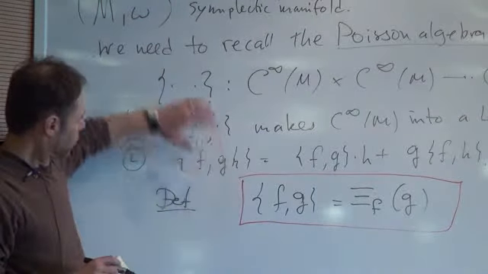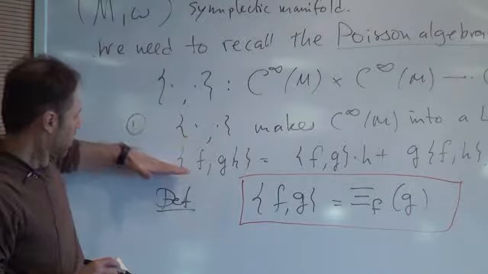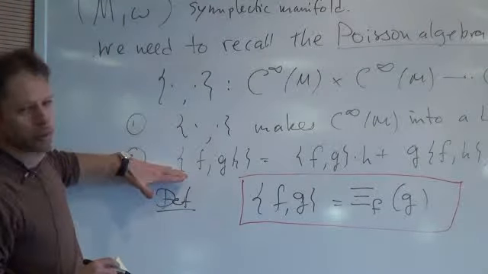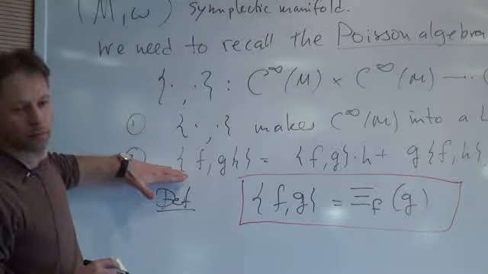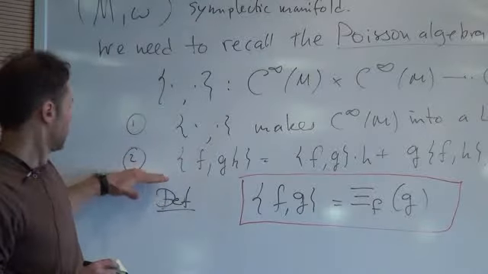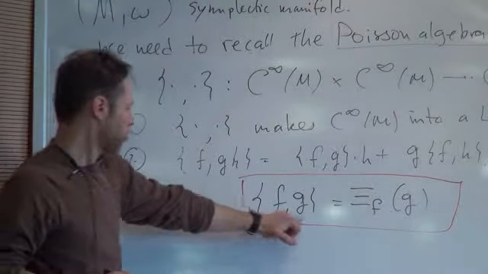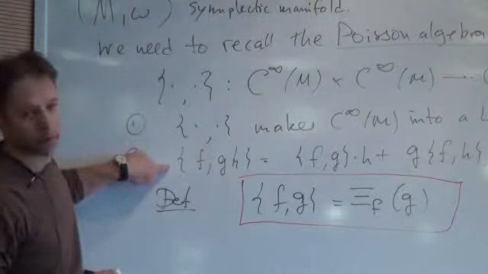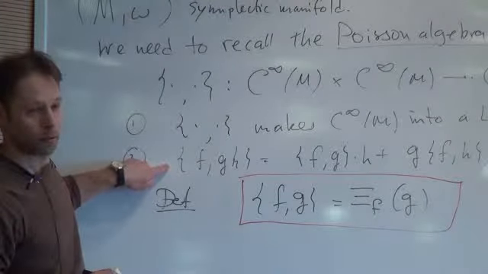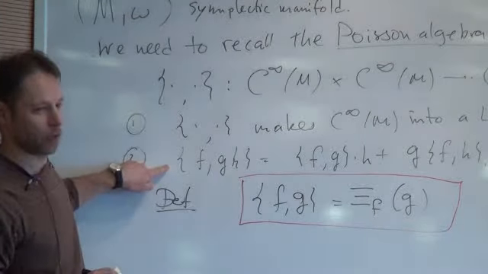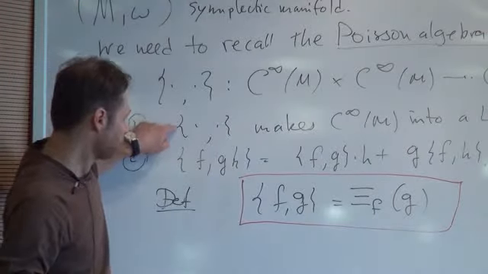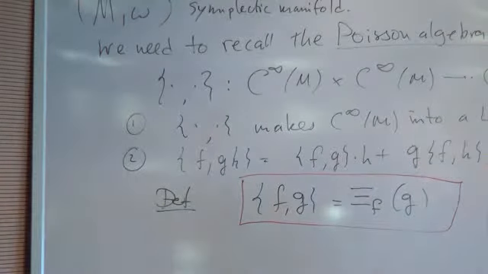Do you want me to check, is it clear why the second property is there? Is it clear why, if I define the Poisson bracket this way, this will be so? Yeah, that's just the definition of a vector field. Let's check the skew symmetry.